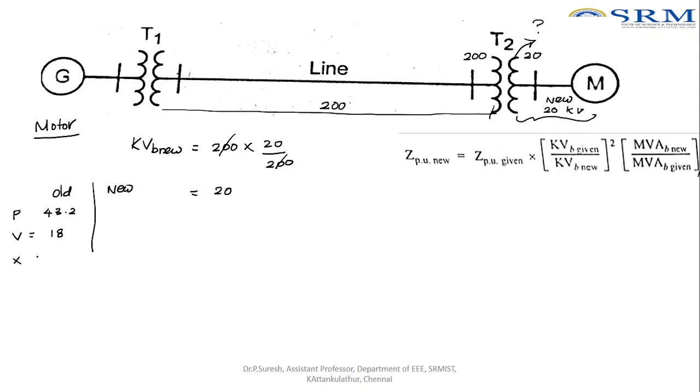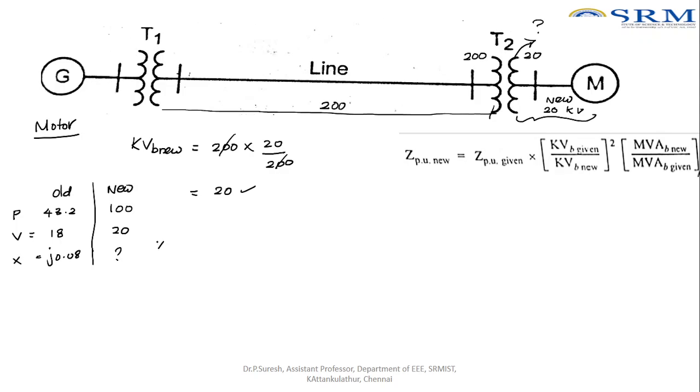What is the X value? It is given as 8%, so J 0.08. And similarly, what is the new value? As I told you earlier, the power is 100 always. The new voltage of the motor is 20, we calculated now. And what is the new X value? We are going to find.